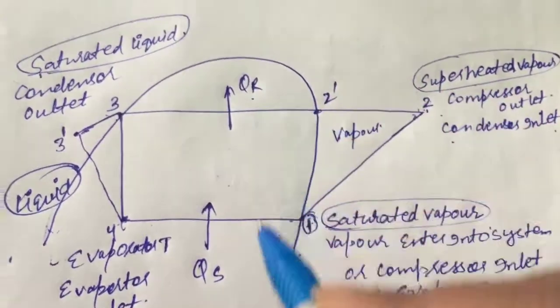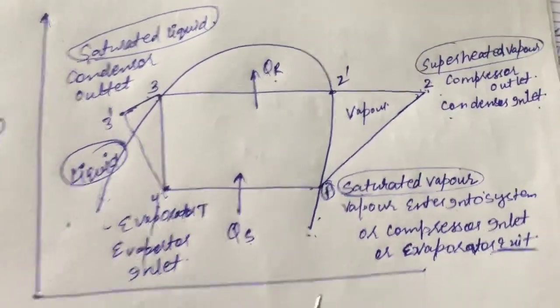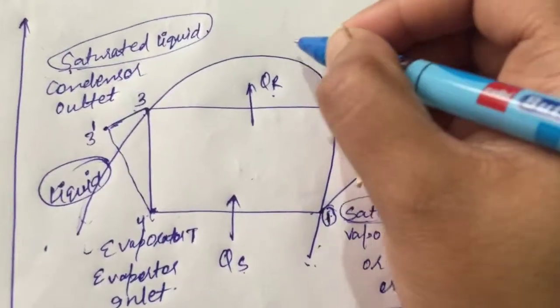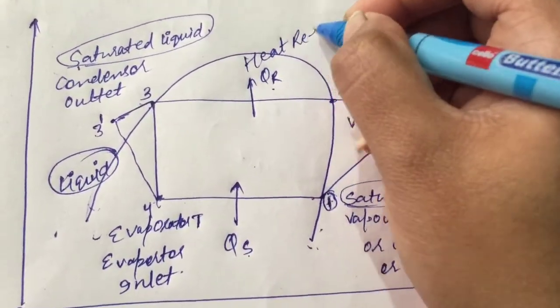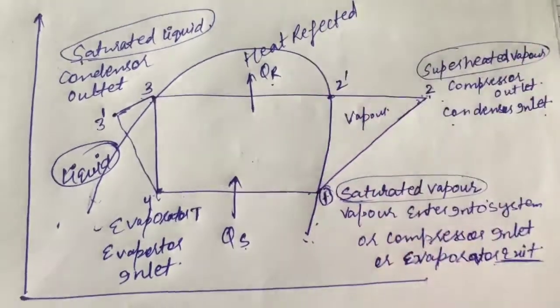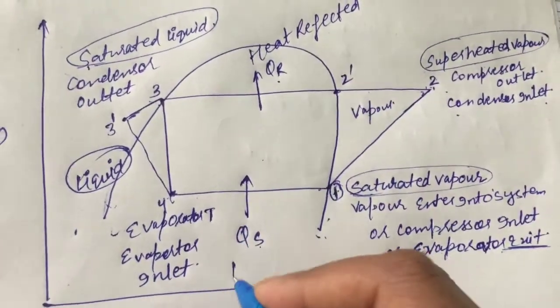This is QR, this is QS. QR is basically our heat rejected, and QS is heat supplied.